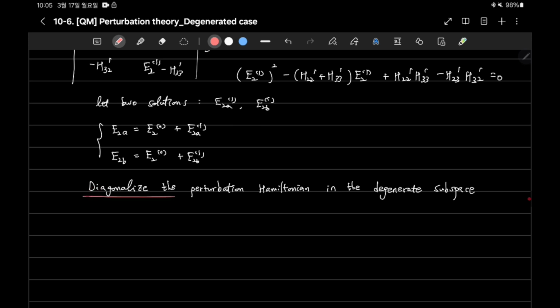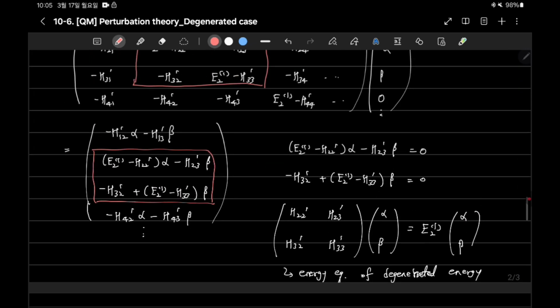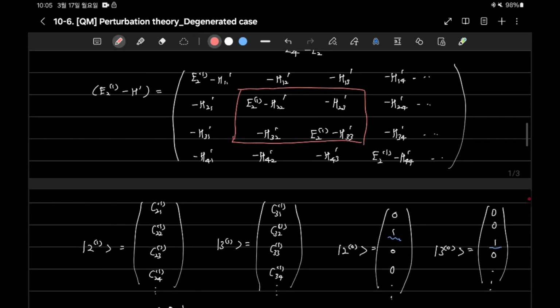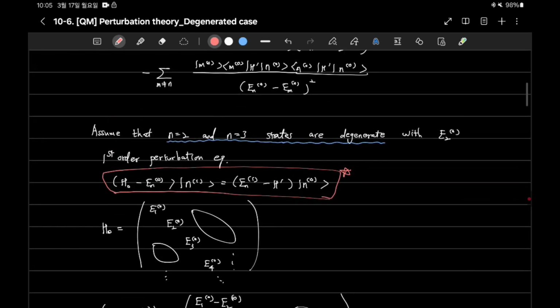It is very important to remember that it is the perturbed Hamiltonian that is diagonalized. Basically, the basic equation is like this, along with the zeroth order Hamiltonian, first order state, first order energy, and zeroth order state.